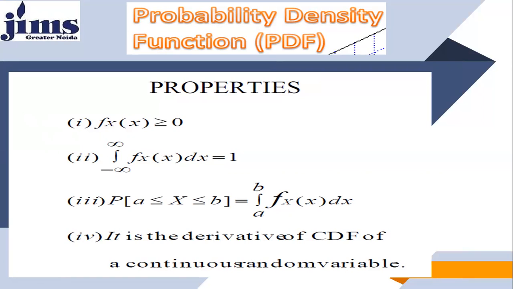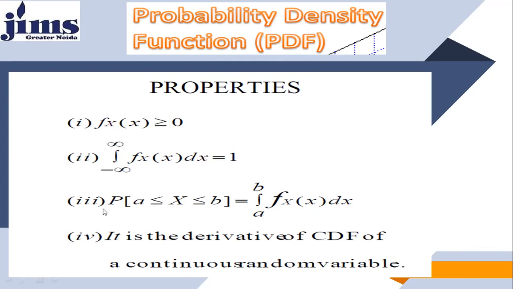So it's 100% certain. So if you integrate the probability density function, in general the limit is minus infinity to infinity, and if it is specific, then these limits are to be given in the question. So if you integrate the probability density function with the range, then you always get 1.